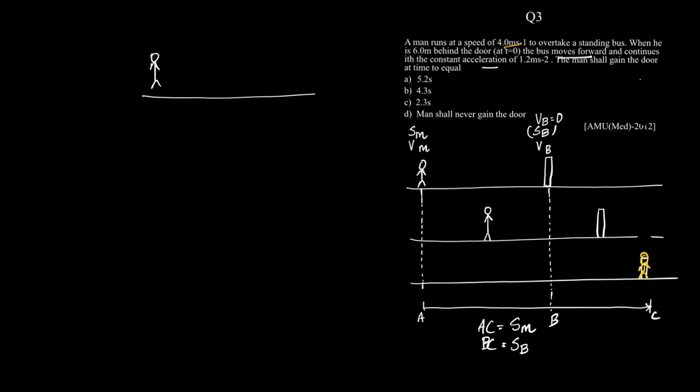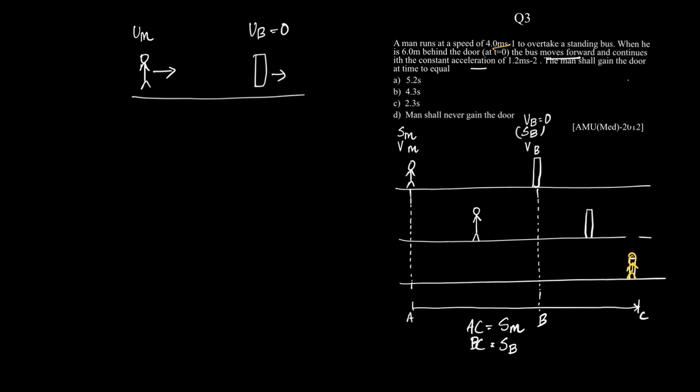So we have a man moving with initial velocity um and a bus with initial velocity ub, which is actually equal to 0, which doesn't matter here. We are just trying to understand the concept. Instead of considering both the bodies under motion, we can consider just one object in motion, but this time not his velocity, but his velocity with respect to the bus.